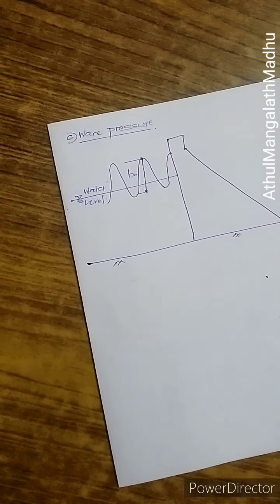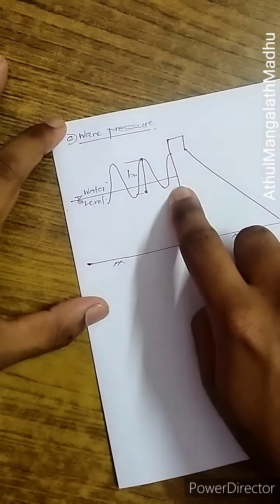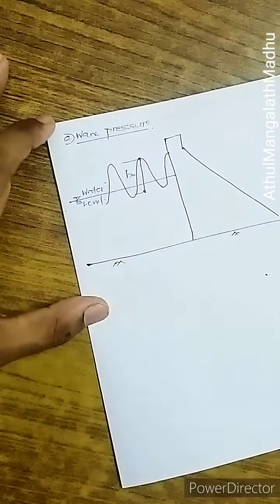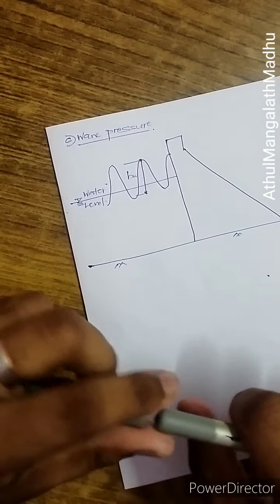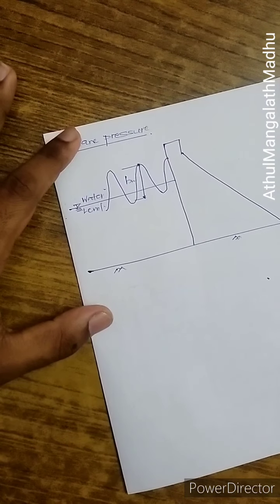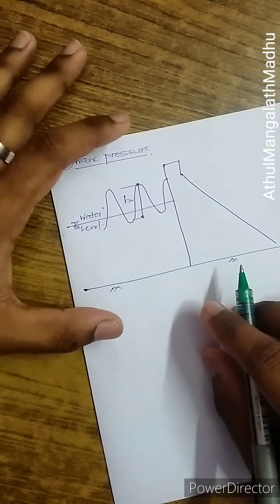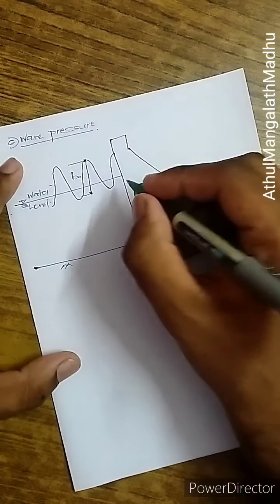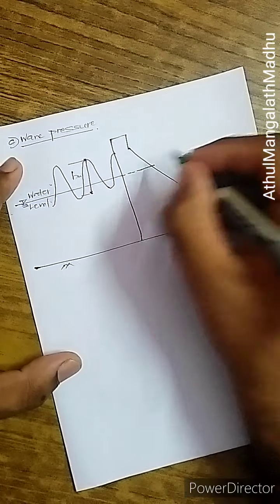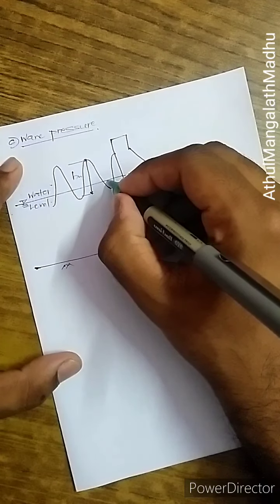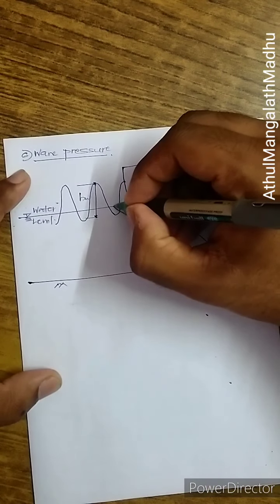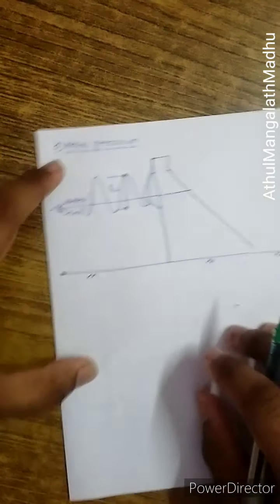And after conducting different experiments, they have found that the force exerted by the wave on this dam is triangular in nature, and it is something like this. So it's triangular in nature.